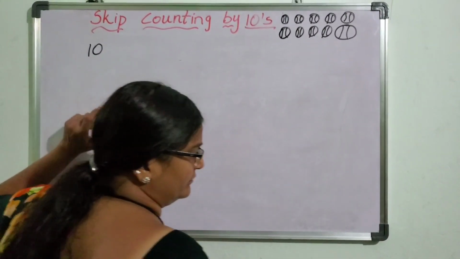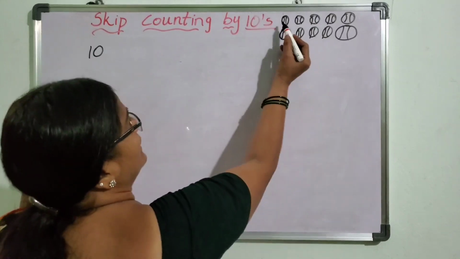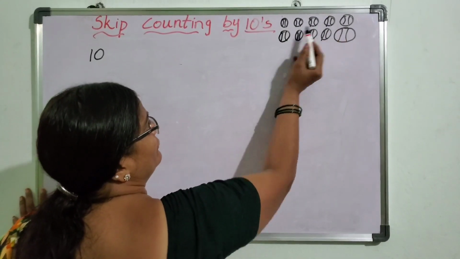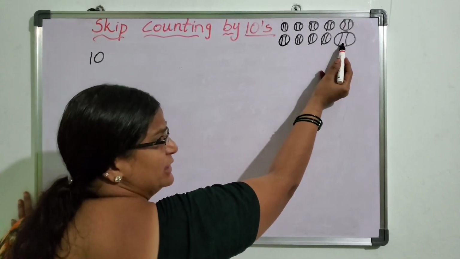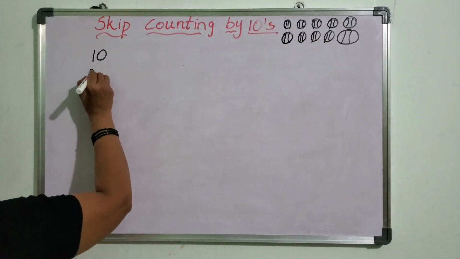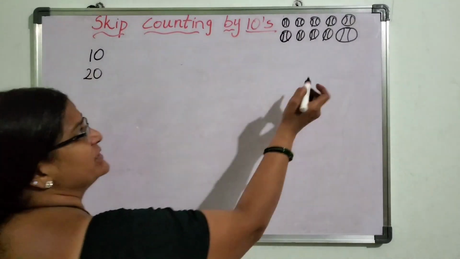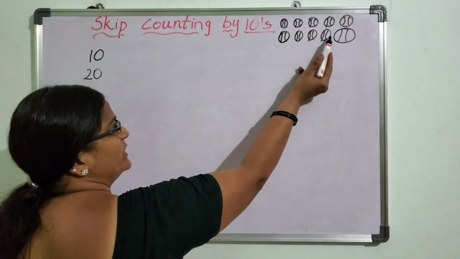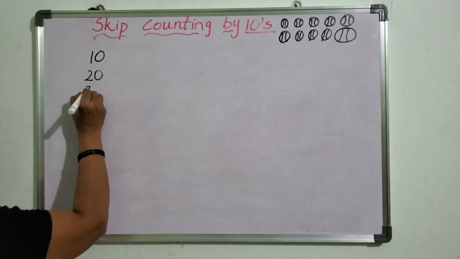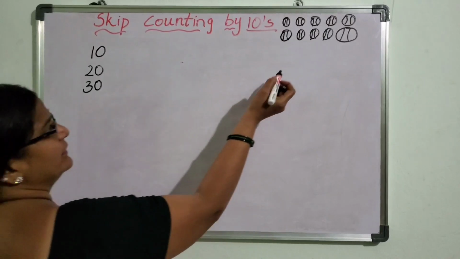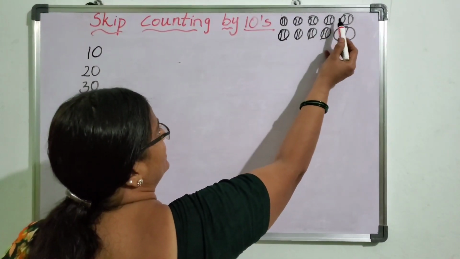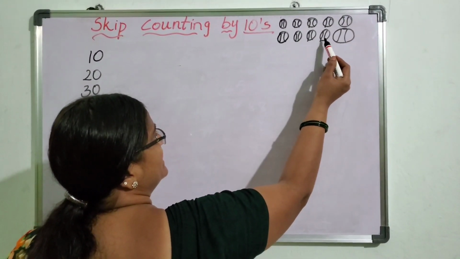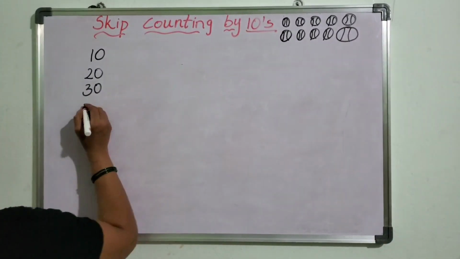Now next, after 10, 11, 12, 13, 14, 15, 16, 17, 18, 19, 20. Next, 21, 22, 23, 24, 25, 26, 27, 28, 29, 30. Next, 31, 32, 33, 34, 35, 36, 37, 38, 39 and 40.